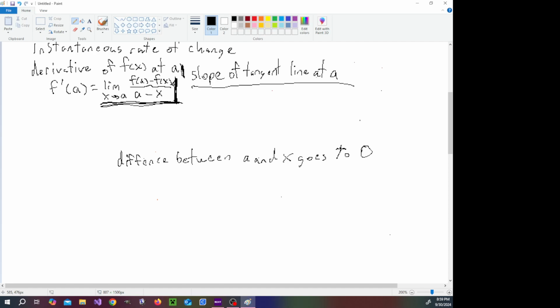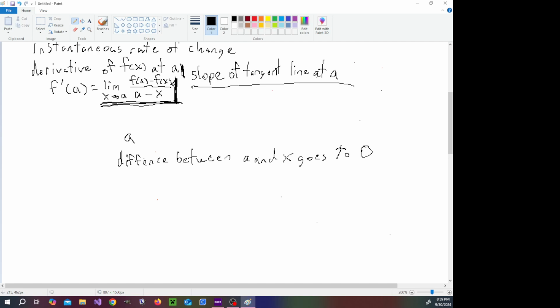Because my points, in this limit, are getting closer and closer to a. We're getting infinitely close to this value a. So what if, instead of changing my value x, what if instead I was looking at their difference going to 0?